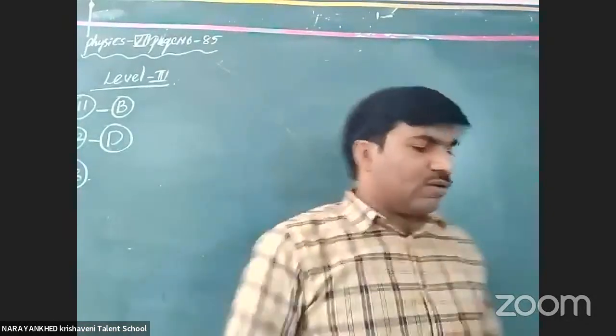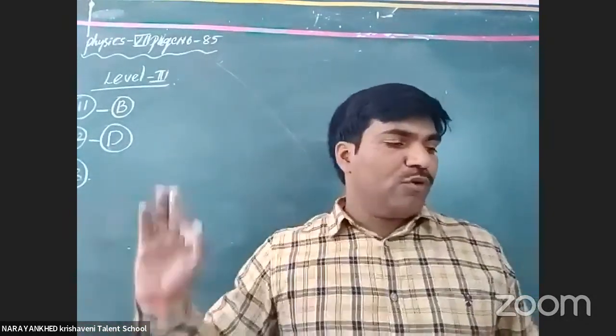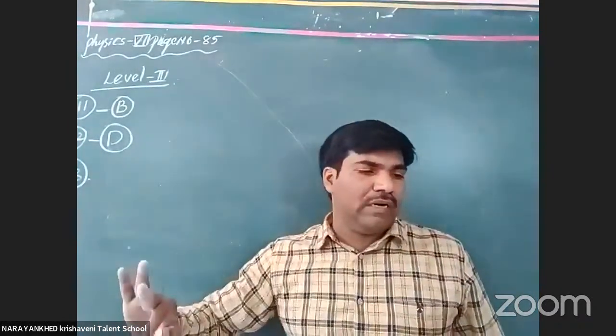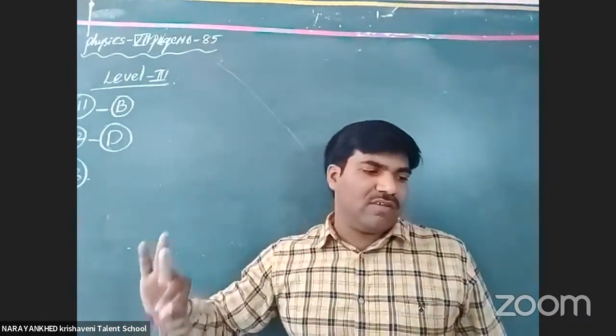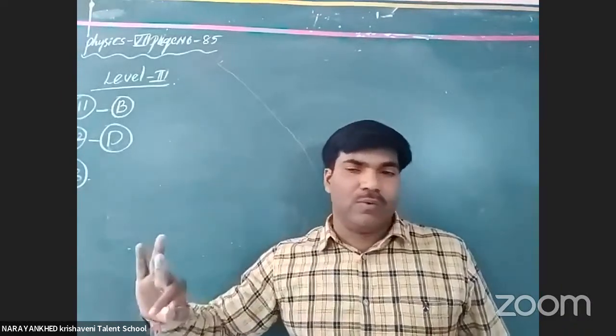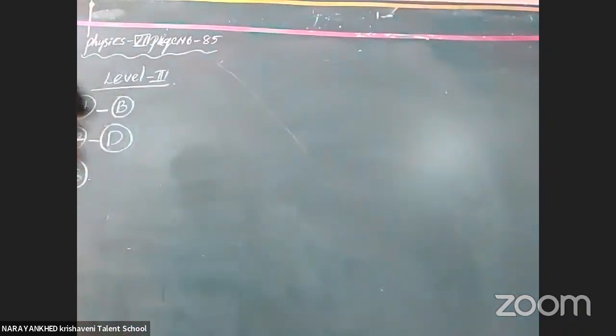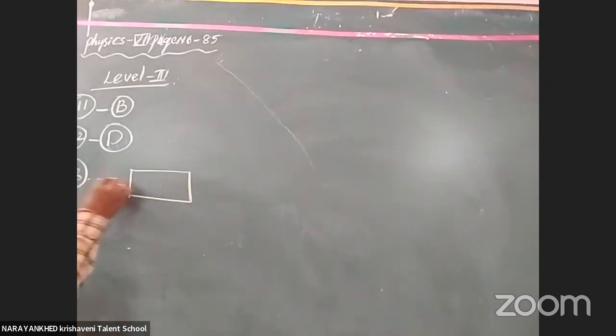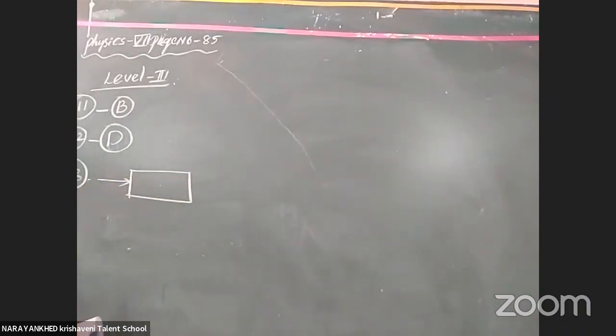Once again the question: if two forces are applied on the same body at the same point and in the same direction, the resultant force is equal to what? Listen carefully, the forces are applied at the same point in the same direction.